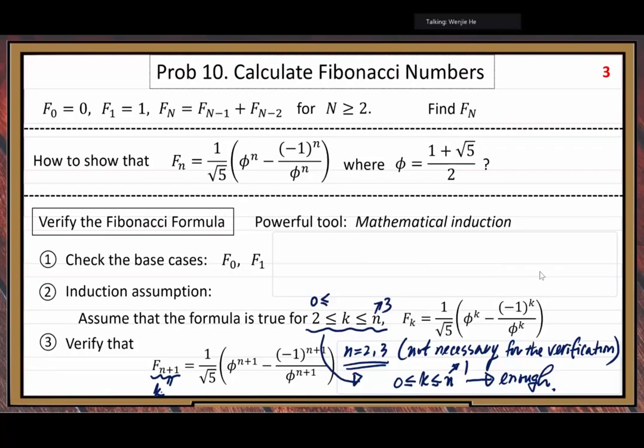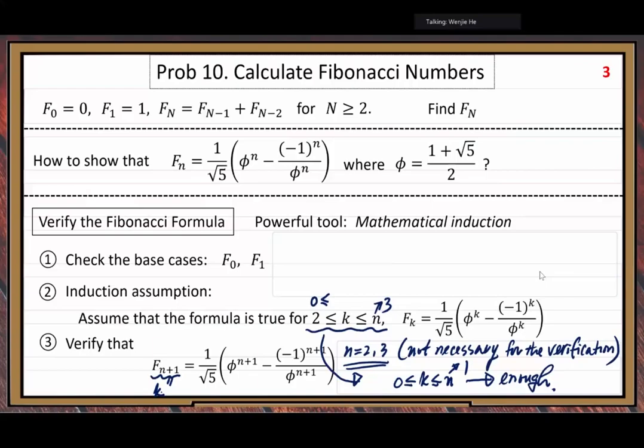But we can show it. We can show that when k is 1 more than the upper bound of the range, n plus 1, we still have the same formula. But we need to verify it, we need to show it is true.